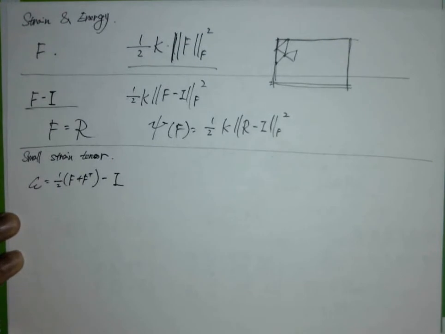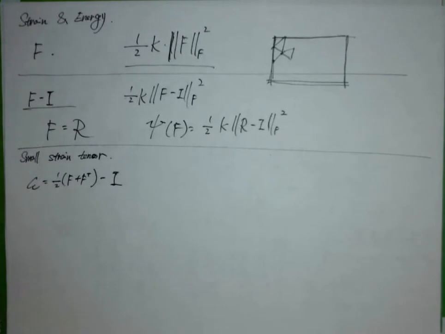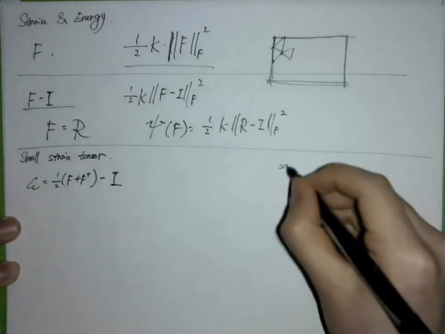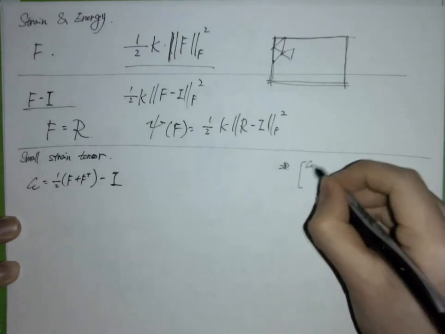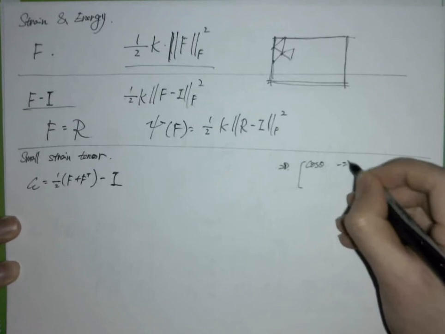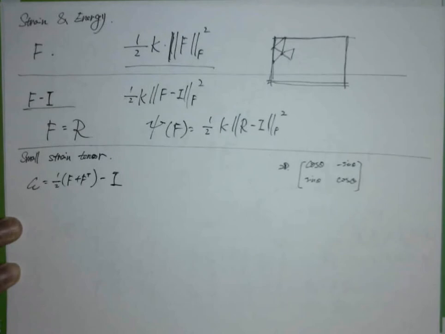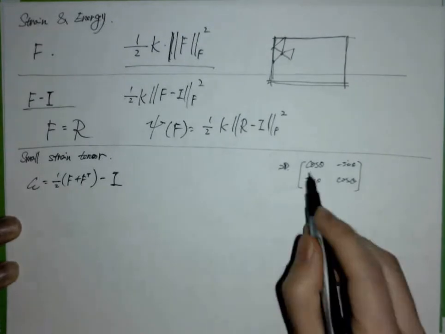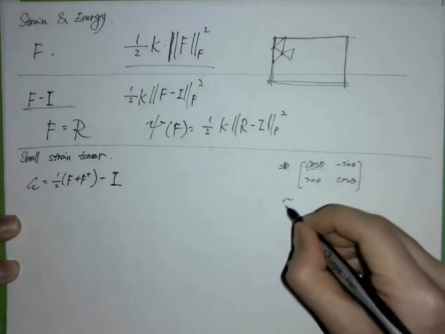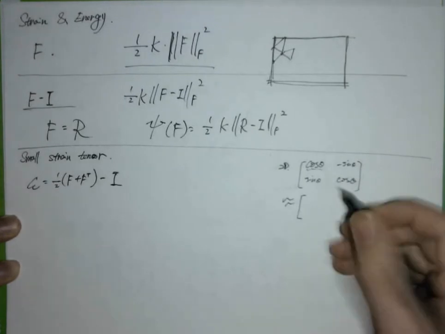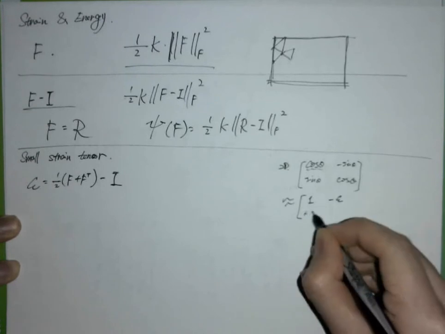All right. So in that case, if I have a really small rotation, let me illustrate it in 2D. In 2D, the rotation can be represented as cosine theta, negative sine theta, sine theta, cosine theta. If my rotation is really small, then cosine theta almost equals 1. So this matrix can almost be thought of as something like 1, negative epsilon, positive epsilon, and 1.